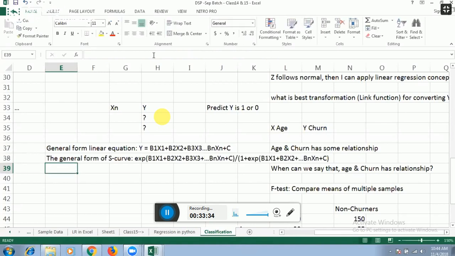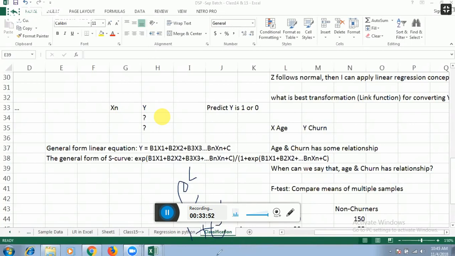So basically I'm saying it is e power the linear line, divided by 1 plus e power the linear line. This is the general form of the sigmoid curve.